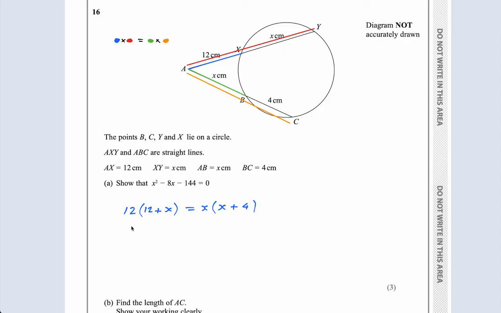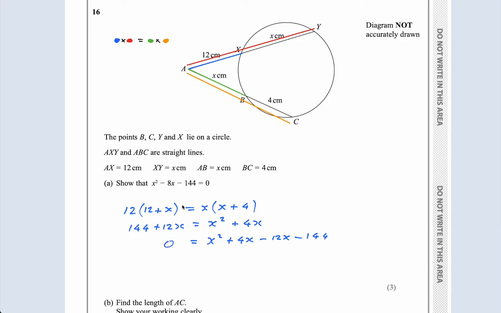Multiply this out. 144, 12 times 12, plus 12x equals x squared plus 4x. Let's subtract to this side. x squared plus 4x minus 12x minus 144 equals 0.